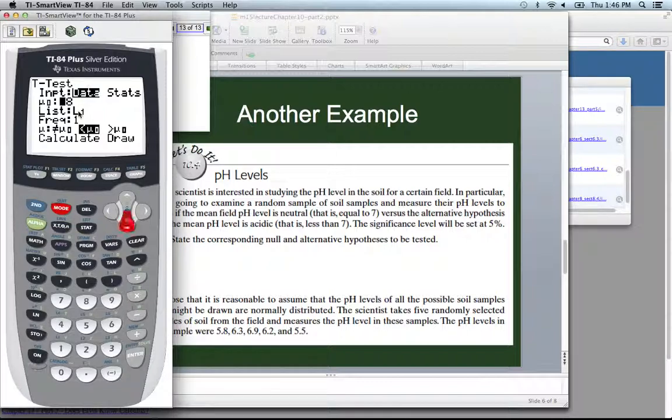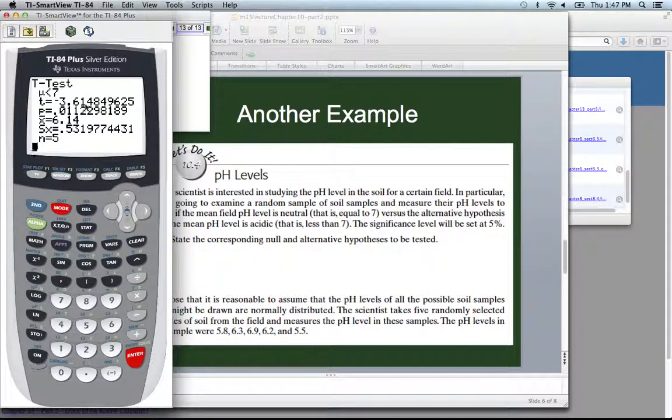The calculator can go into the list and calculate that, so this is a bit of a time saver. Now the hypothesized mean is 7, the data's in L1, frequency is 1, and the direction of extreme is one-sided to the left because the theory is that the field is acidic, so we're expecting the average pH to be less than 7. Now we'll calculate.